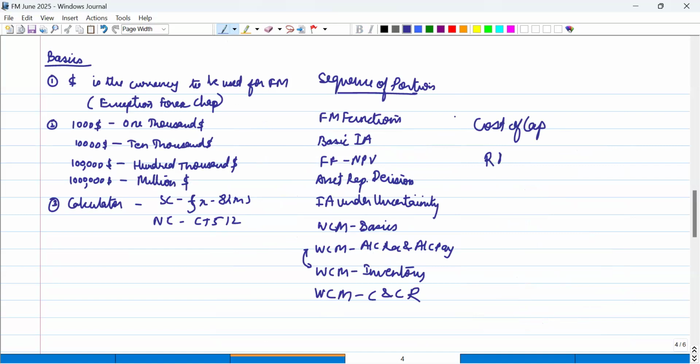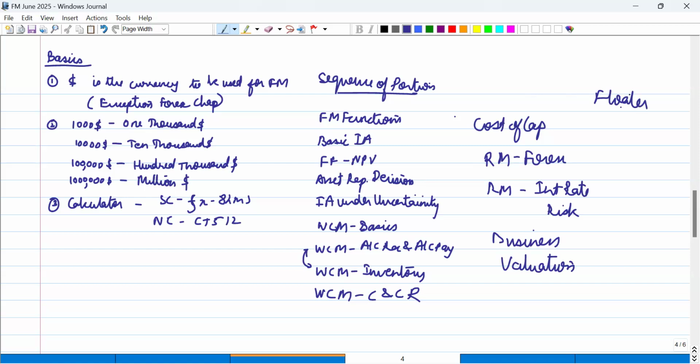Then I go to risk management, forex, most important from Section B point of view. Then risk management, interest rate risk, correct? Then I do business valuation, right? And then we have floater chapters.